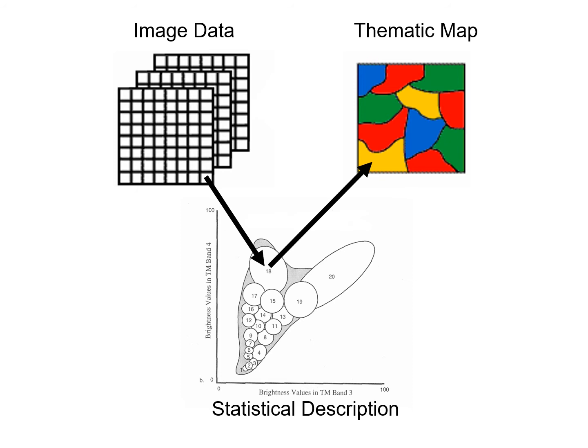Each one of those circles is a class. And so what you're saying essentially is if you have pixels whose values fall within those circles, then it belongs to a particular class. When we get to classification rules, we'll discuss what we do when pixels don't fall within any particular one of those circles. And then once you've identified the class associated with those brightness values, you assign that and create a thematic map.